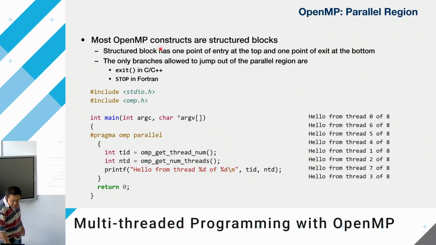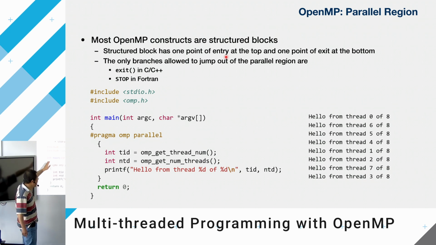So the OpenMP construct is like a block structure, a structure that has a block. Let's look at the C code. No need to fully understand the C code, but you can see it's a block. Inside this block you have OpenMP statements, and the OpenMP parallel directive forms this block.